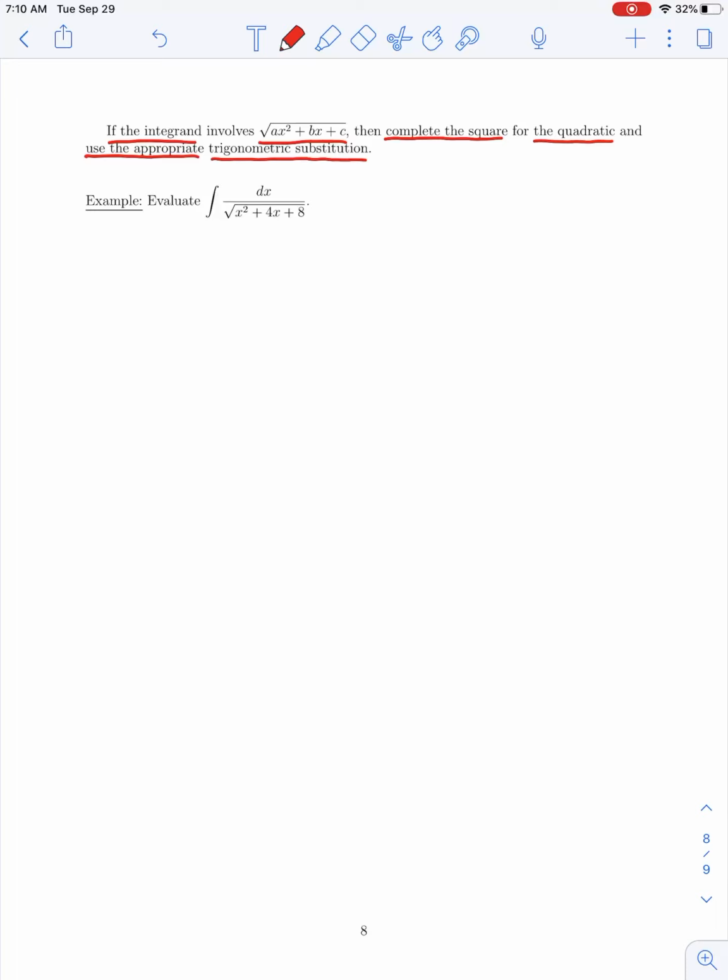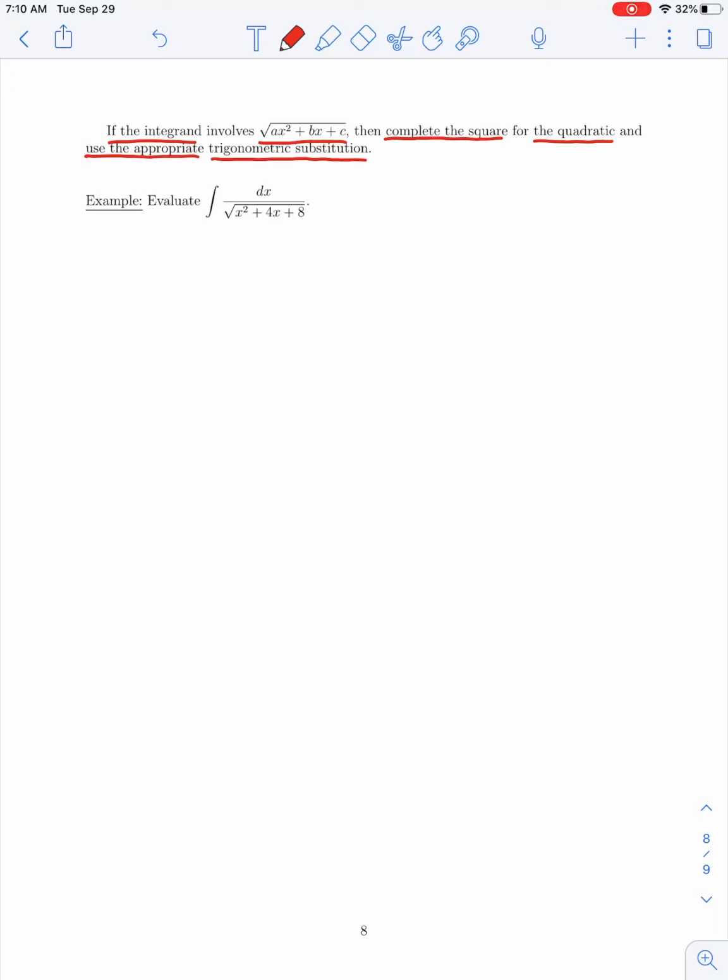So we can force integrals involving the square root of a quadratic function to be written as the square root of a sum or difference of squares, and then make a trig substitution to evaluate. So let's look at some examples of this.